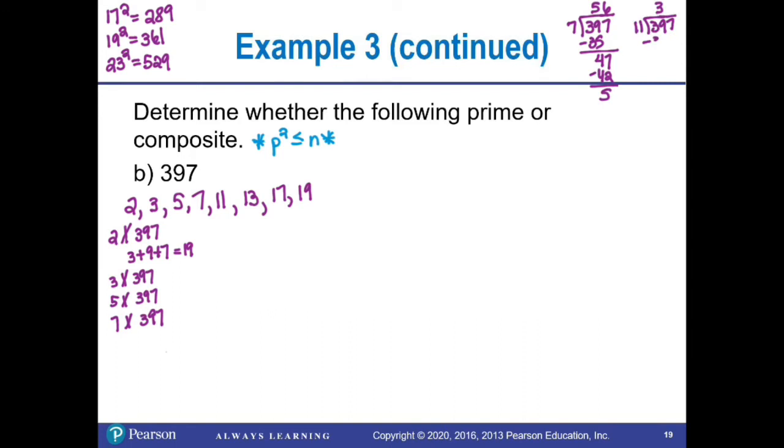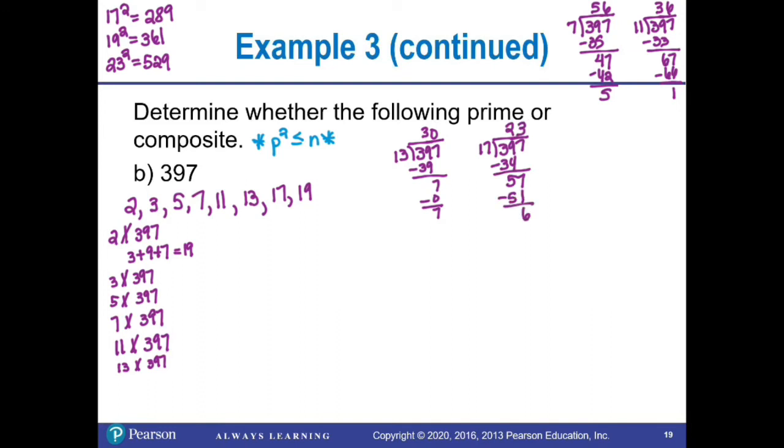Divide 11 into 397. There's a remainder, so 11 does not divide 397. Divide 13 into 397. Notice there's a remainder, so 13 does not divide 397. Divide 17 into 397. Notice there's a remainder, so 17 does not divide 397.